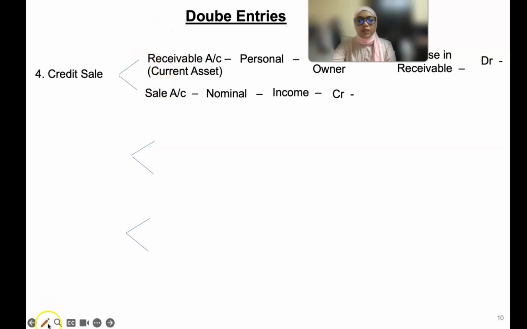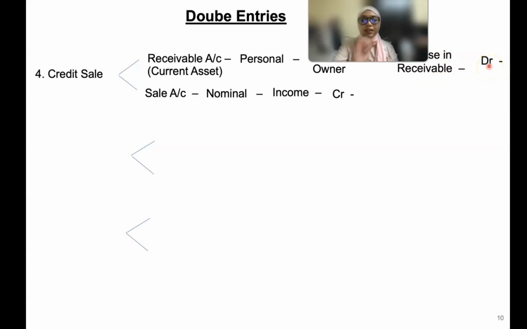Because we are not getting cash, we have to receive that amount from our customer. That's why we call it receivable account. Receivable account is personal, not related to owner. Because of credit sale, receivable is increased. That's why it is debit side.